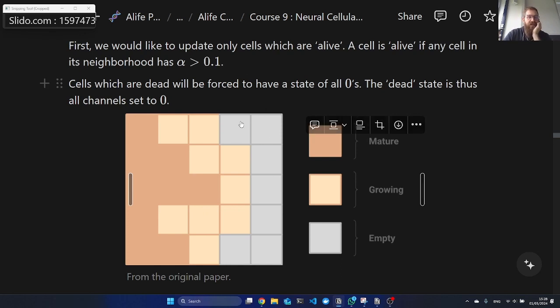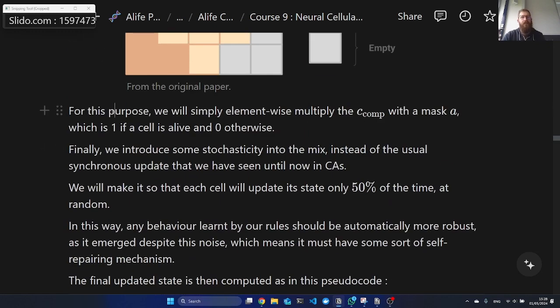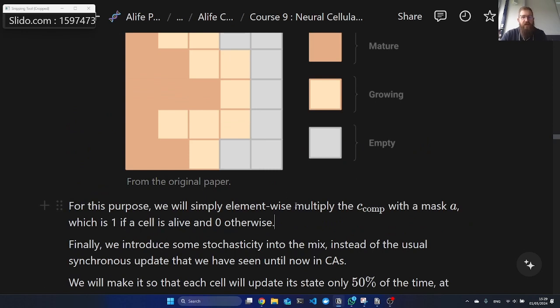And finally, here you have some cells which are dead, because they do have neighbors which are alive, but they are not mature, so this does not propagate. So if a cell is alive, we keep the computed state as it is. If a cell is dead, we just set it to 0 and it just remains 0.